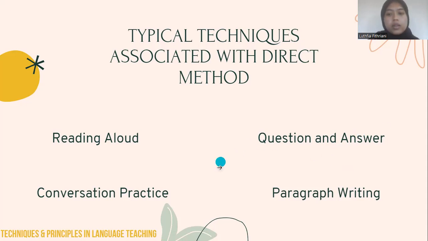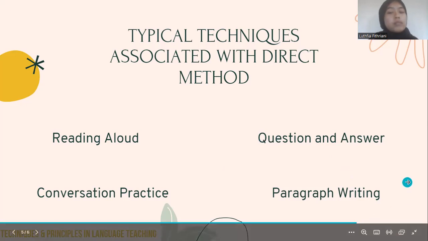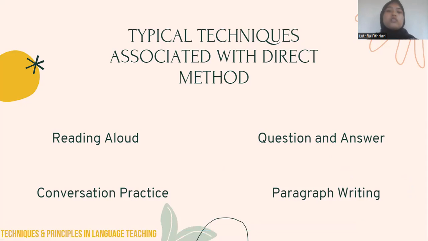Last is paragraph writing. In the direct method, the students not only focus on speaking, but also on writing. In paragraph writing, we, as teachers, could give the students a topic and then ask them to write about the topic.